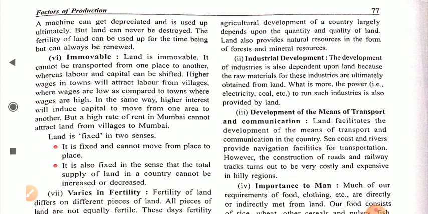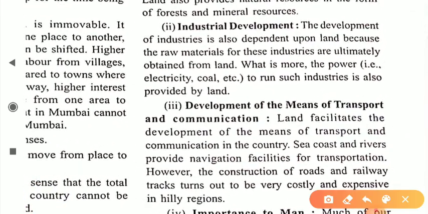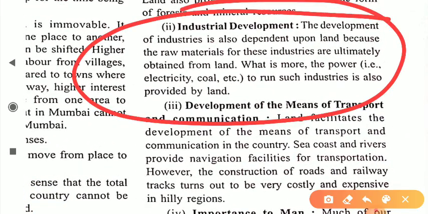Dear student, the next part is industrial development. Land is very important for industrial development. The development of industries also depends upon land, because the raw materials for these industries are ultimately obtained from land.